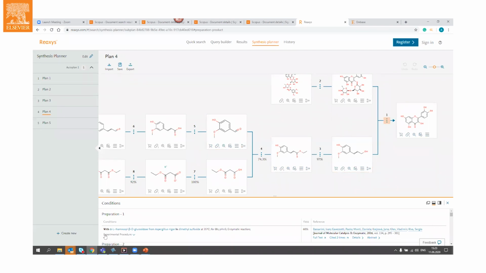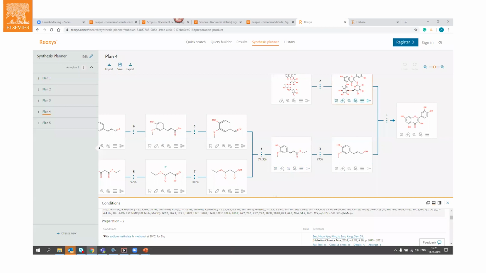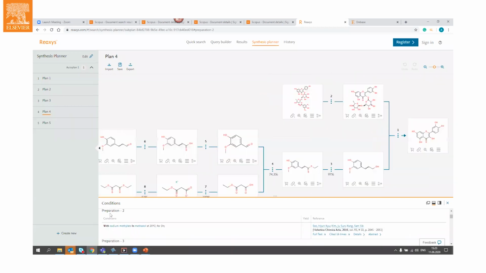This is stage number 1, and this is the condition for stage number 1 with experimental procedure. This is stage number 2, show condition. You see the condition for stage number 2. This is stage number 6. You see condition for stage number 6.